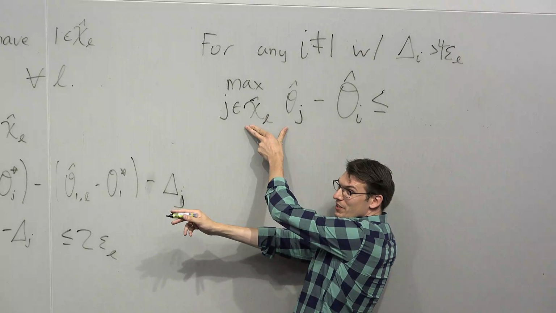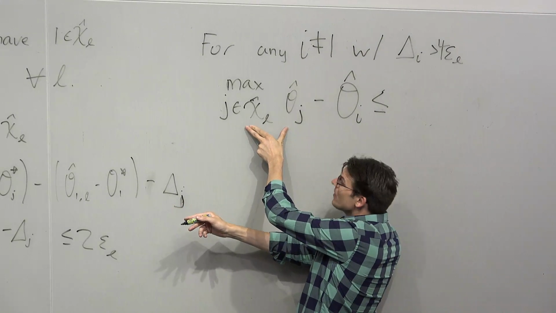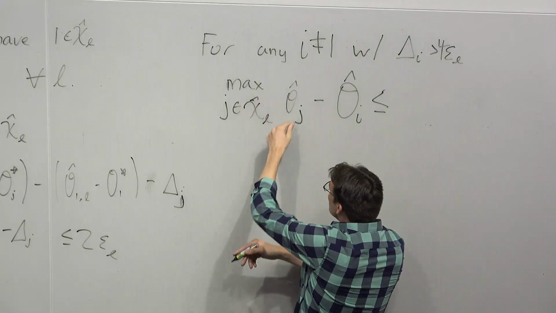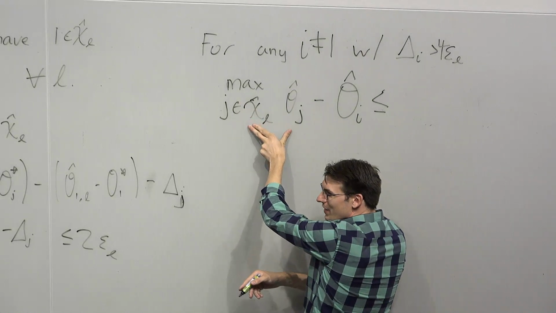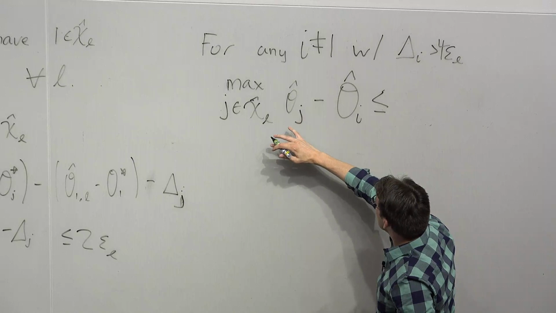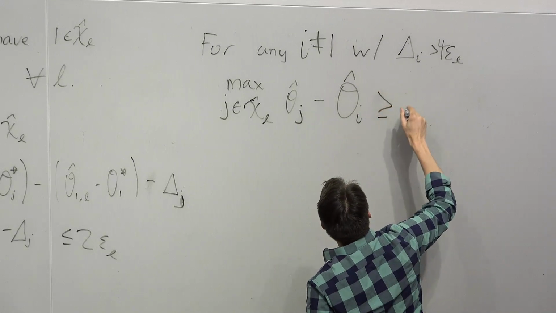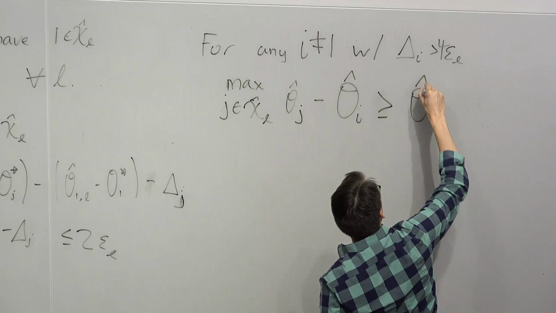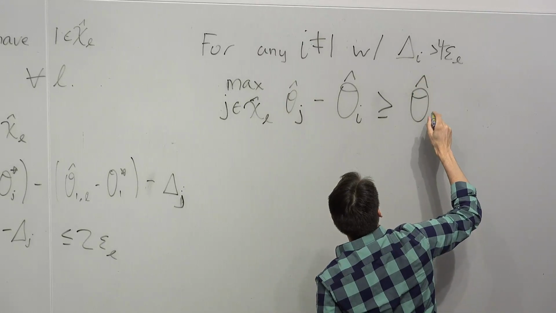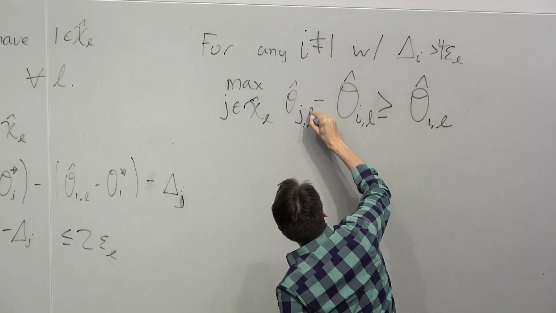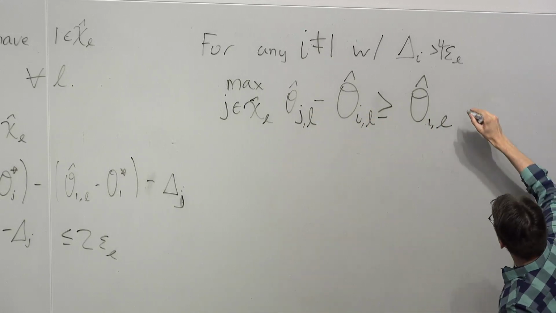This is the stopping condition, or the throw out condition. But I don't know which one this is going to be. But the value that it takes is the maximum one. And so I can lower bound this by just using the empirical mean of the first one. Right?